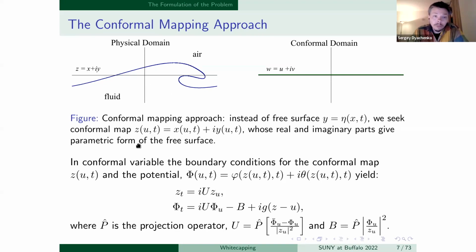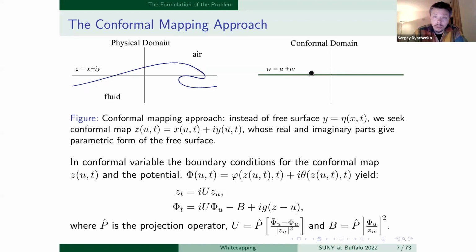And the conformal mapping, we call it z. If you evaluate it for the boundary of the conformal domain, namely at the real line, this line is mapped into the blue line on the left. So if you evaluate your conformal map for real values of the argument, setting v equals 0 here, you get points from the free surface on the left.